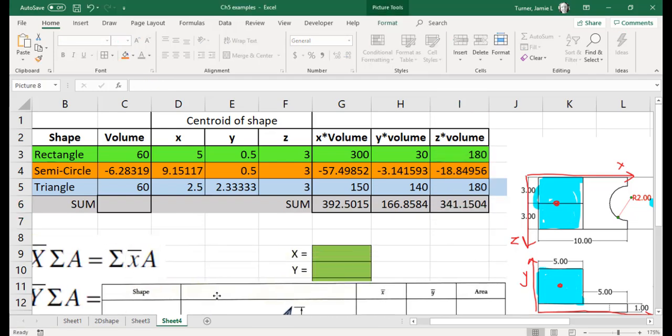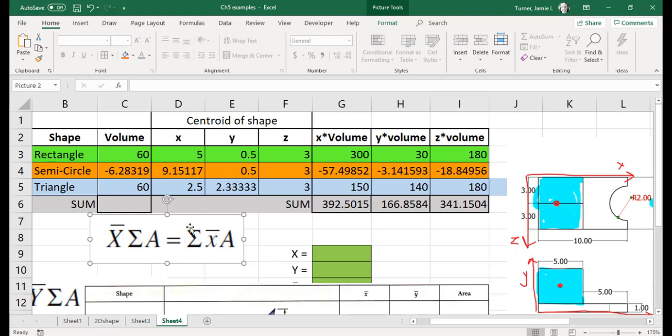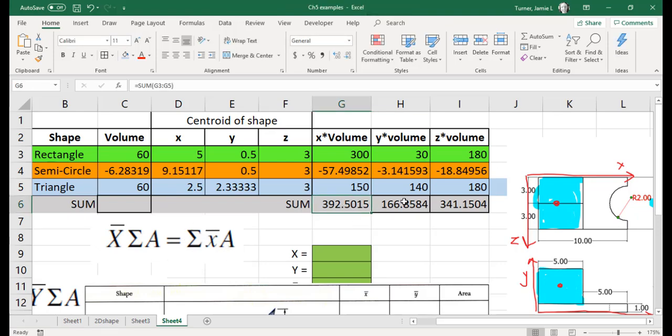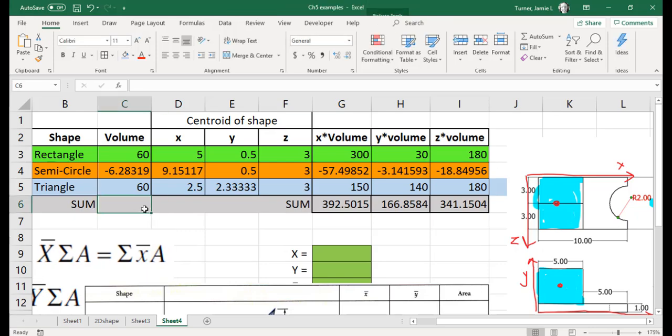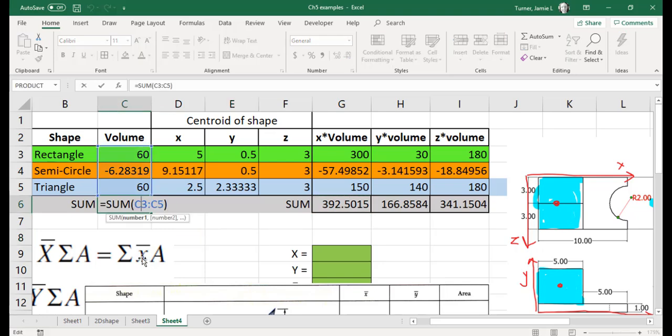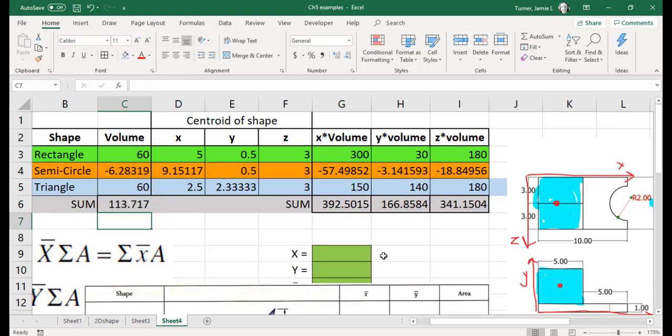Okay, so we're adding up each of these little pieces. Let me get that equation. So the summation sign, that is what these 3 pieces are. And to get the overall centroid, we're going to take the sum of all of these and divide by, in this case, the total volume instead of the total area. So Control C, Control V, and just adding up all the volumes. Remember the semicircle, that is negative because that's a void.